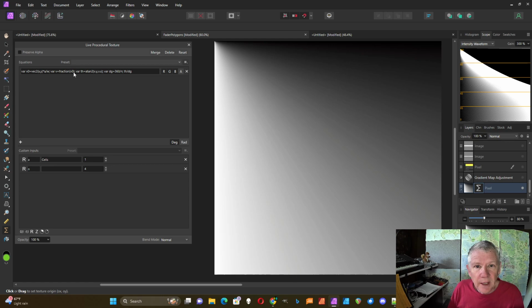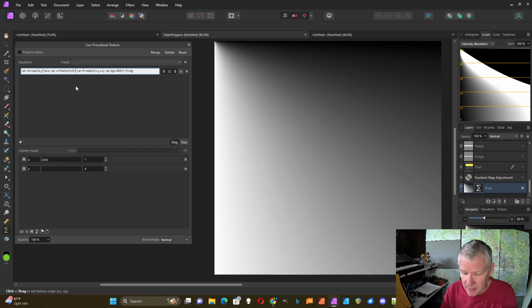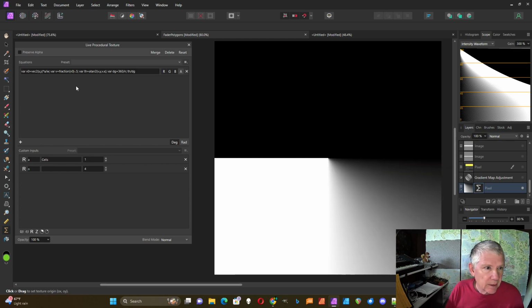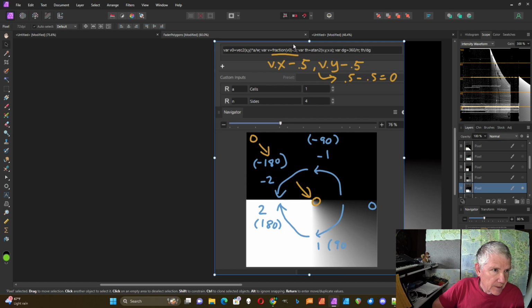To do that, I go over here where I took the fraction and subtract 0.5 from that. This subtracts from both the x component and the y component of the vector. So if my vector had a position that used to be 0.5, if I subtract 0.5 from that, it's now 0. So I've moved my origin from up here to down here in the middle.